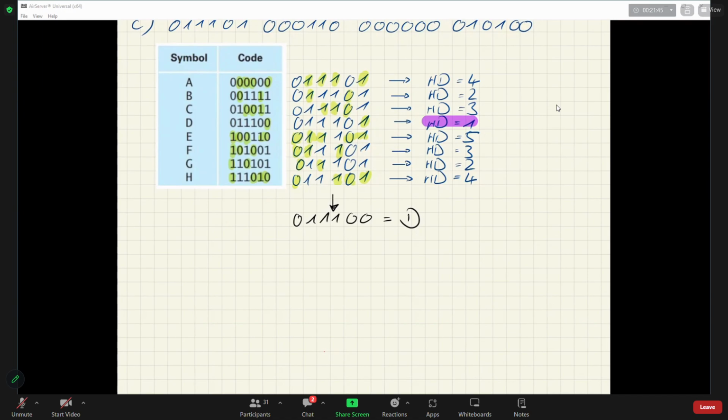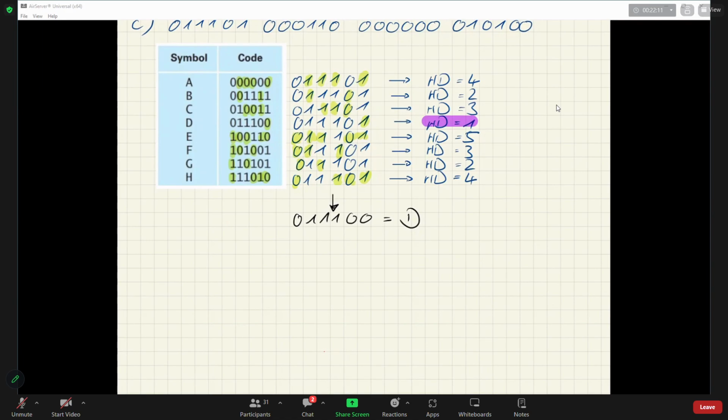Is it possible in a scenario where for the second time we are getting the same Hamming distance? Sorry? The Hamming distance has to be the lowest, right? Yes. But is there a possible scenario in which the Hamming distance is the same for two bit patterns?